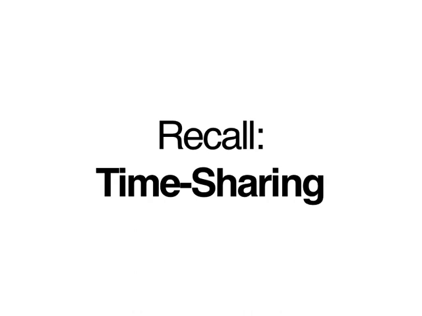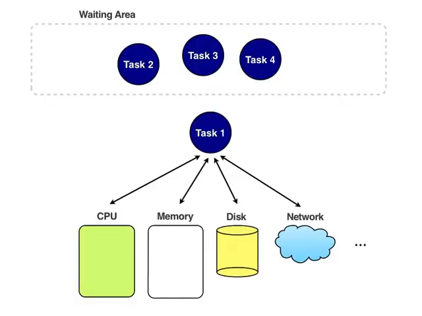Time sharing means that you have multiple tasks running on the computer systems. Maybe it is from one user, maybe it is from multiple users. But in order to appear to the users that all of these programs are running at the same time, even though you have only one CPU, the operating system has to switch between running these different tasks very frequently.